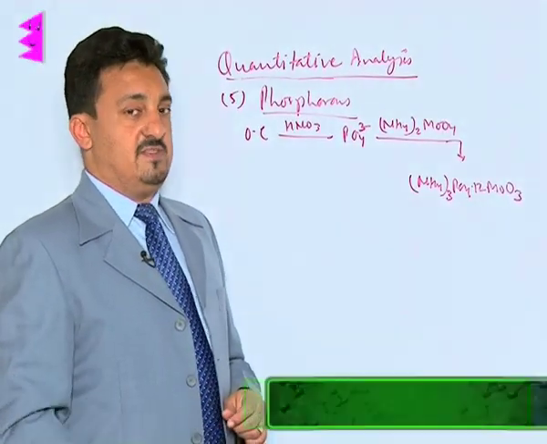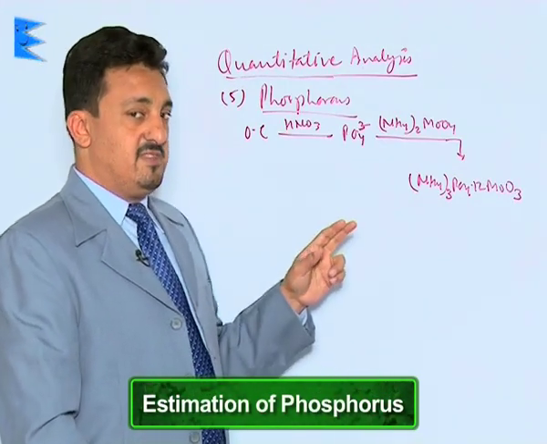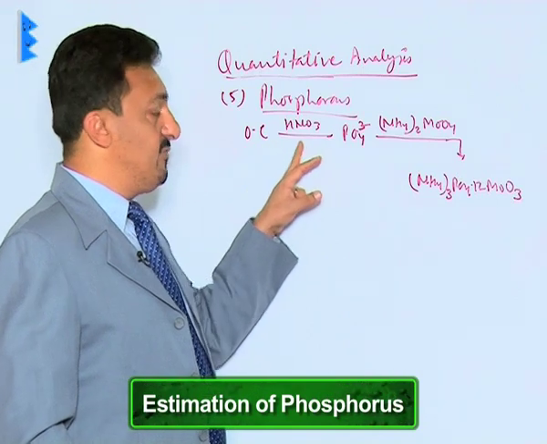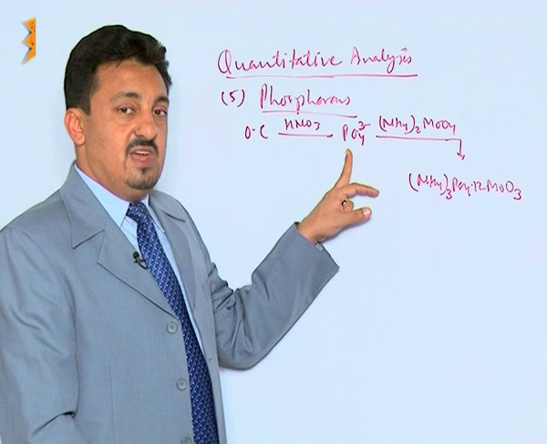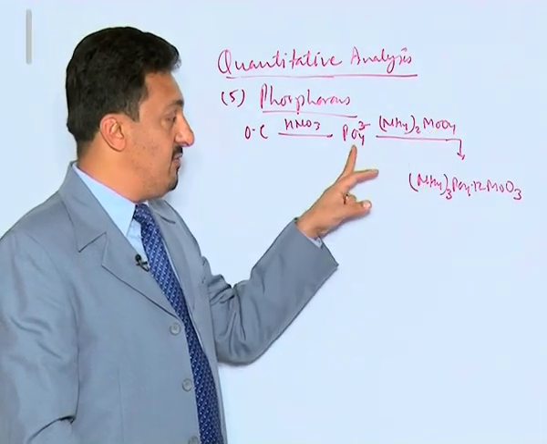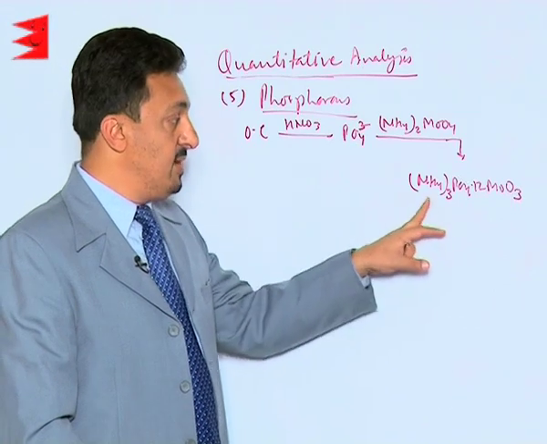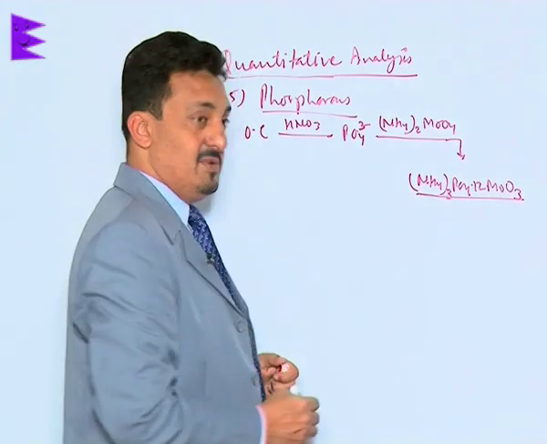Now let us do the estimation of phosphorus. The phosphorus can be estimated by heating organic compound with fuming nitric acid, which converts all the phosphorus to phosphate, which is then precipitated out by reacting it with ammonium molybdate, and the phosphate ion is precipitated out in the form of ammonium phosphomolybdate. Now we can find out the mass of these precipitates.